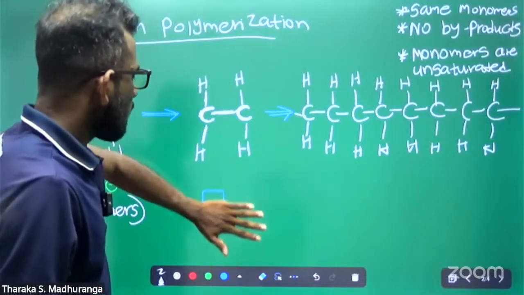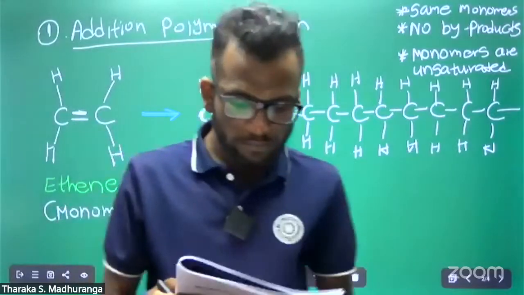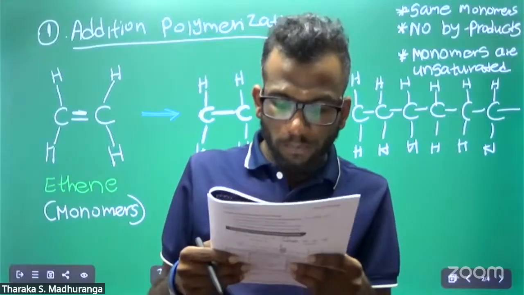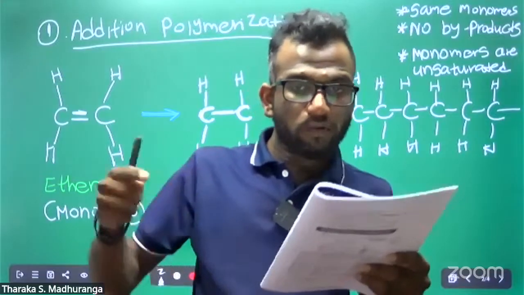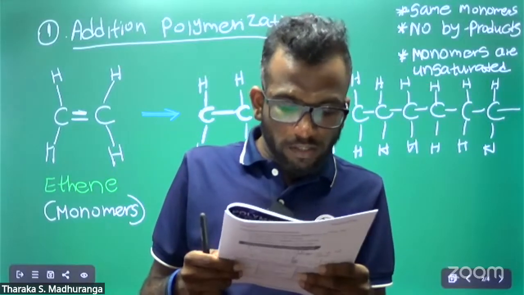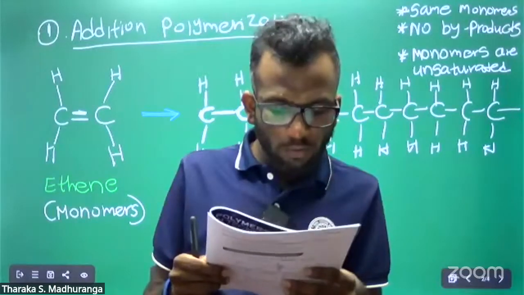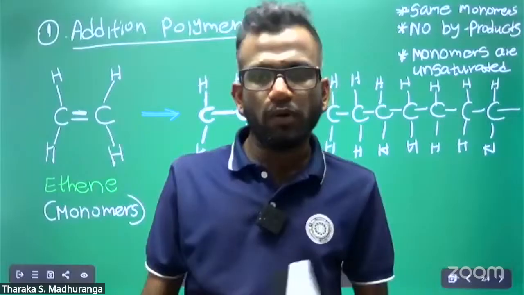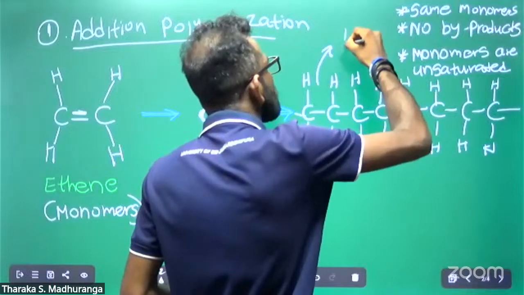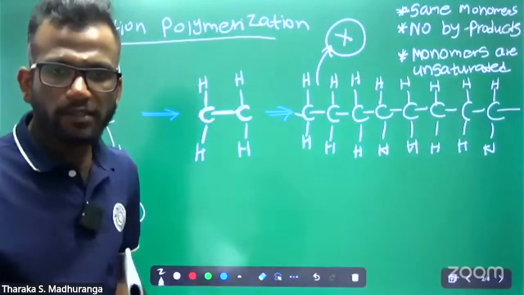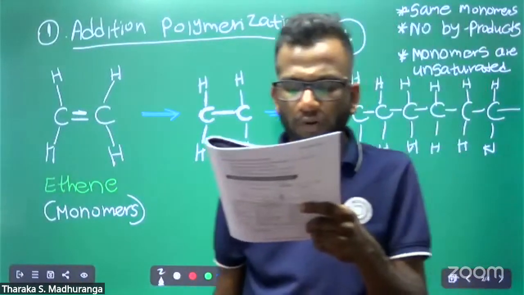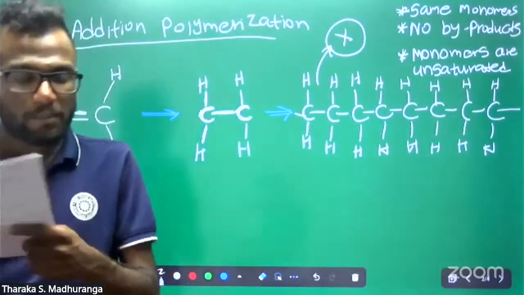Addition polymers. Okay, I have given in the tute the characteristics of addition polymers. They are chain growth polymers, like a chain, you can see. Unsaturated monomers react to form a polymer without eliminating any small molecule. No elimination, no byproduct is produced. Characteristics of addition polymers: monomers with carbon-carbon double bonds, correct.